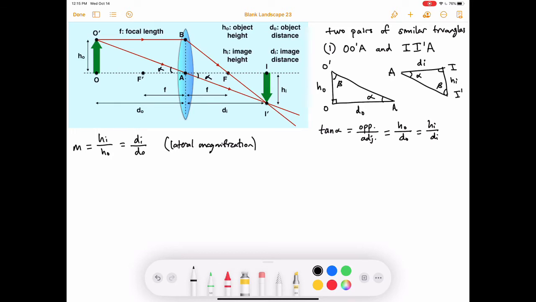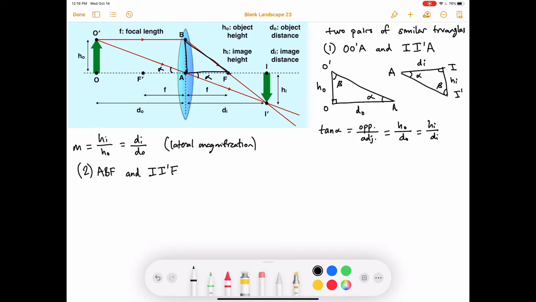So there's another set of similar triangles on this diagram that I want to point out. We have a triangle ABF, and we have another triangle, which is I prime F. Let me label those real quick. So here's ABF right there.